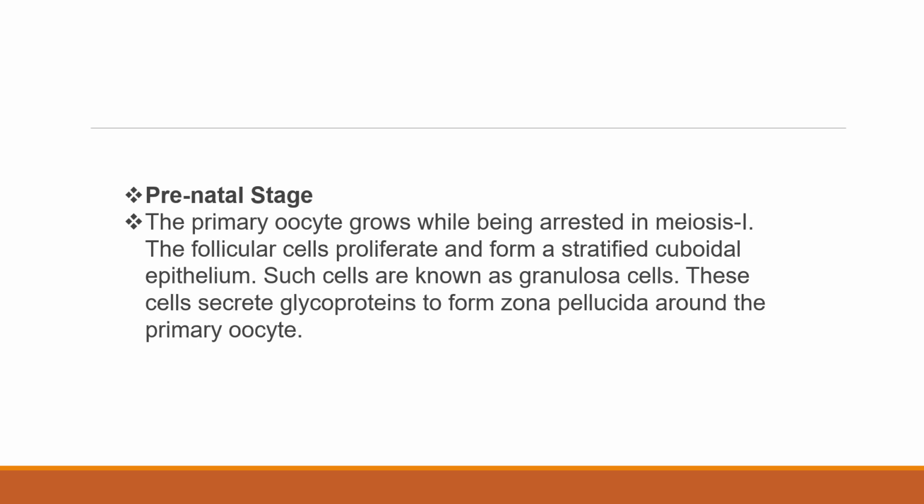The first stage is the prenatal stage. What is happening in this stage? The primary oocyte, arrested in meiosis 1, starts growing in the prenatal state. The follicular cells proliferate and form a stratified cuboidal epithelium, and such cells are known as granulosa cells.